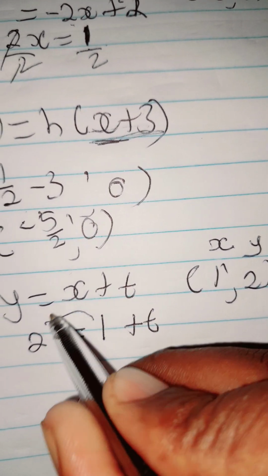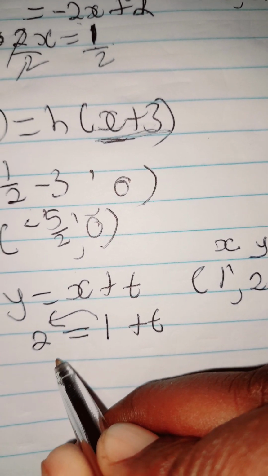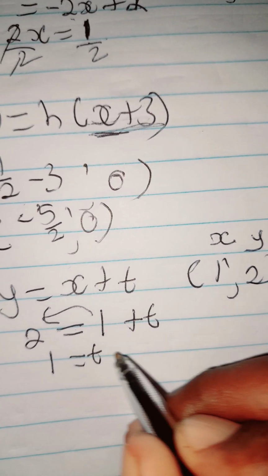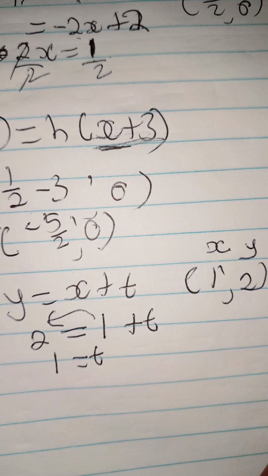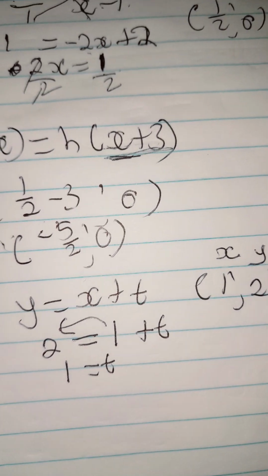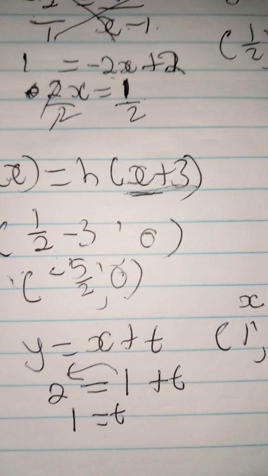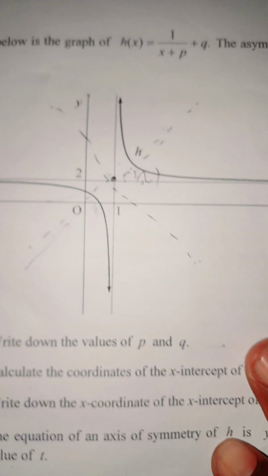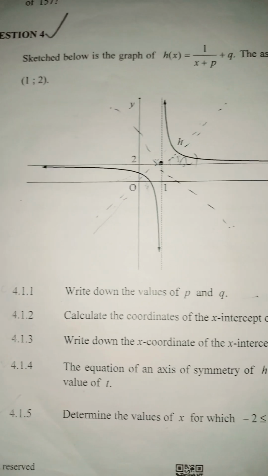Then transpose 1 to the other side, which is 2 minus 1, which is 1. Therefore, t equals 1. So that's how you are supposed to determine the value of t. How many marks was that? That was 2 marks. Okay, we are about to end our 4.1.